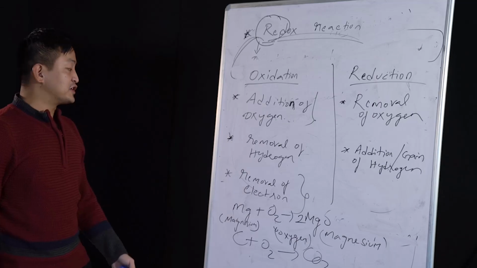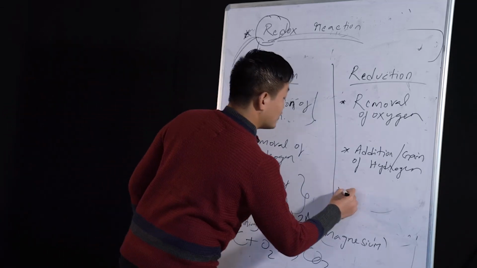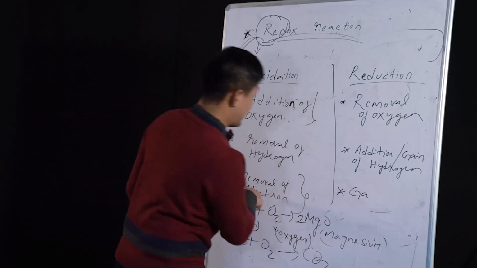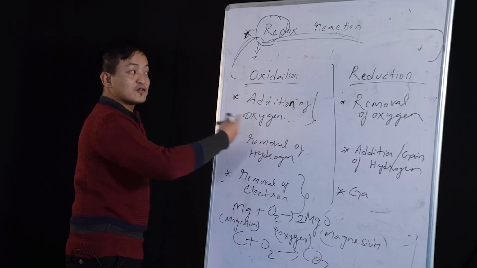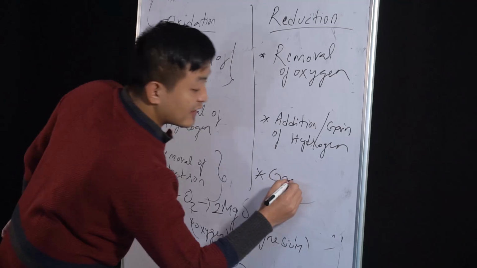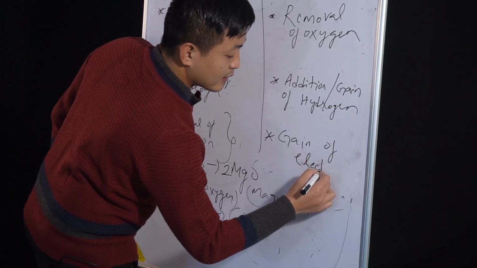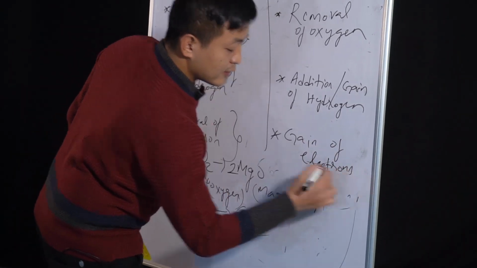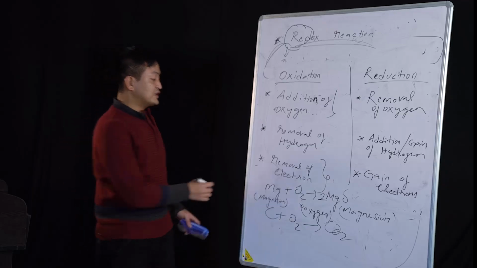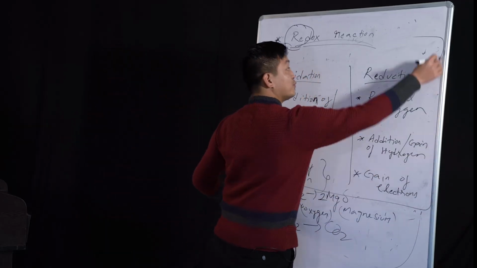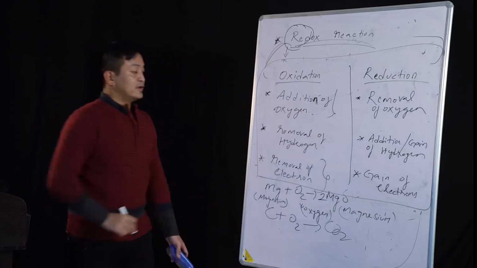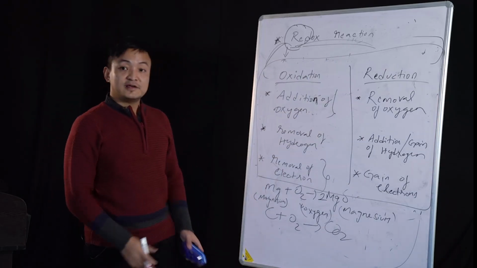The same thing goes for the third point. Removal of electrons for oxidation, so for reduction, it will be gain of electrons. Clear, my dear students? So these are the three important points for oxidation and reduction.